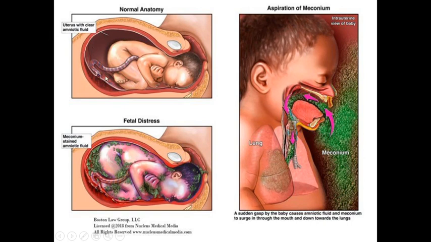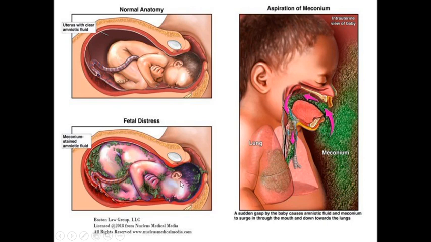This amniotic fluid is made up of the baby's urine, and it is clear. It does not contain meconium. Meconium is the stool of the baby. So in a normal baby, this amniotic fluid is clear, it's the baby's urine, and it does not contain any of the baby's stools or feces.